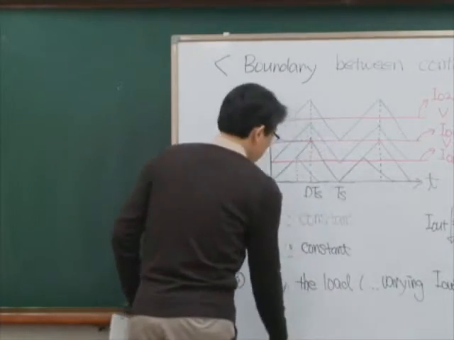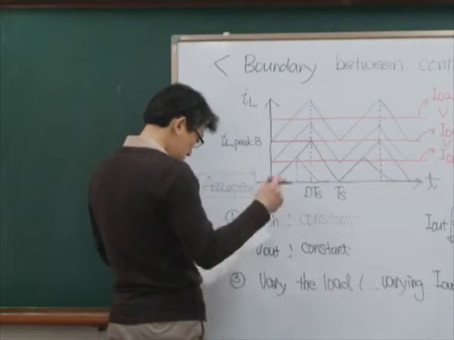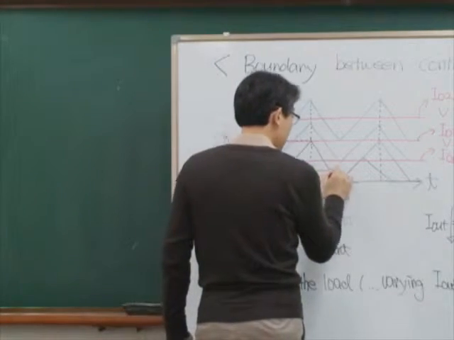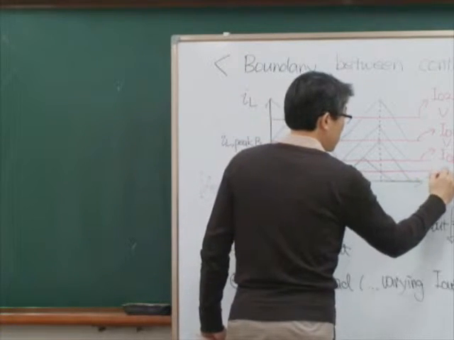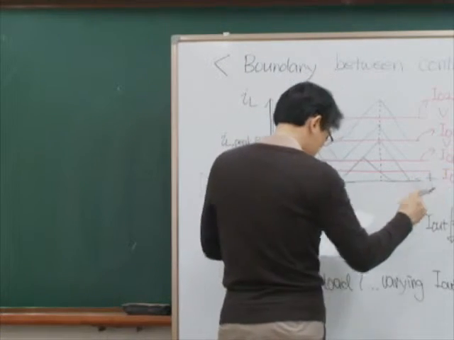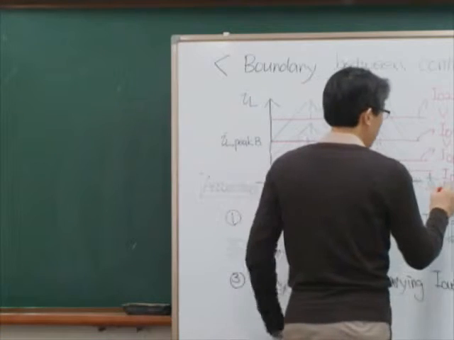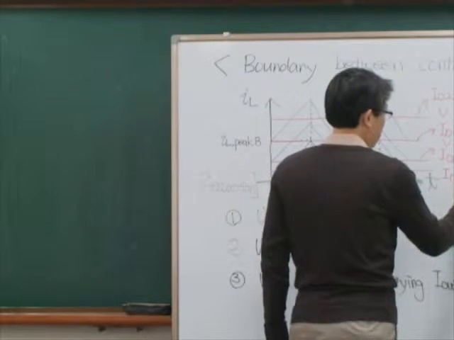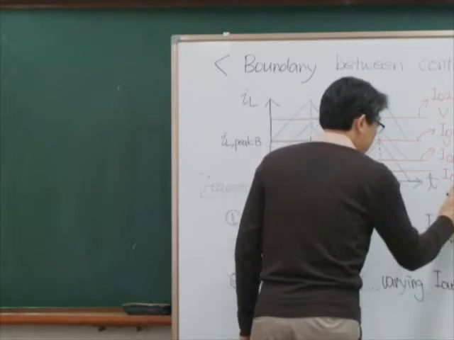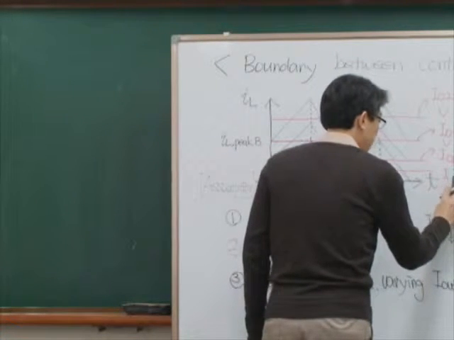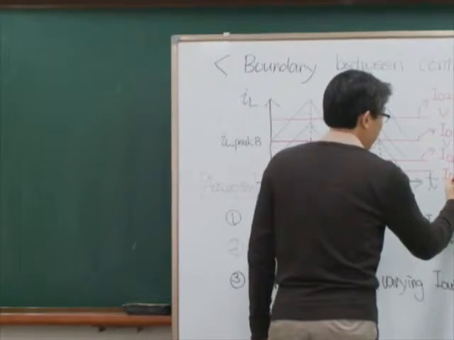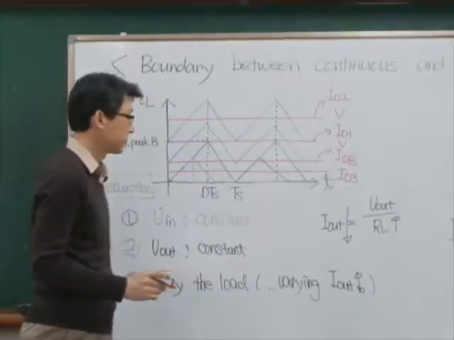So this becomes IO, let's say, B1. I'm sorry. How should I name this? IO, let's say 3. Okay?